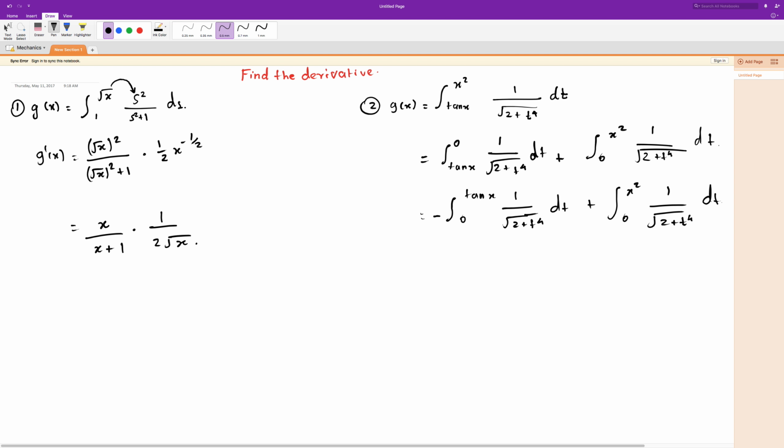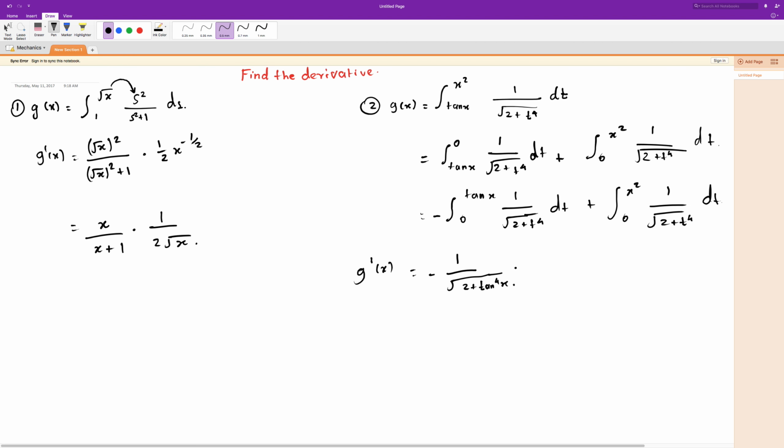And this is the pattern. Now what we can do is just plug in this value, but this is not just x, so we have to find the derivative and multiply by the derivative whatever value we get. So in this case we are going to find the derivative. So g prime of x is going to be equal to minus, we have to keep the minus sign, and here we are going to have 1 over square root of 2 plus tan to the power of 4 x and multiply by its derivative, the derivative of tan x.